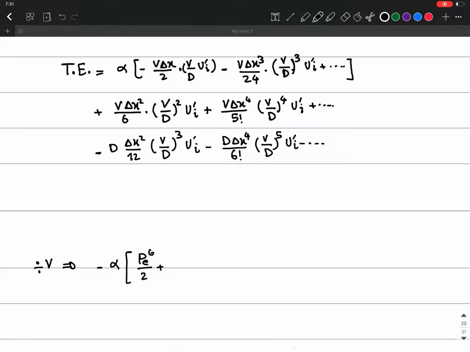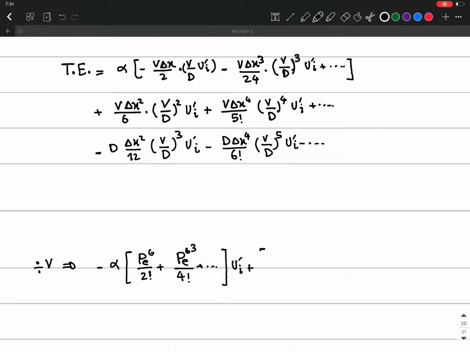The second one, if you calculate it, is going to be V delta x cubed over D cubed, so Péclet to the power 3 over 4 factorial, plus this goes on and on, times U prime I.